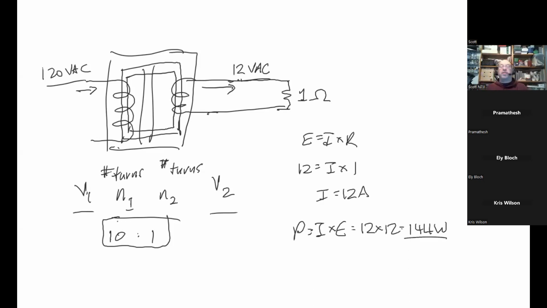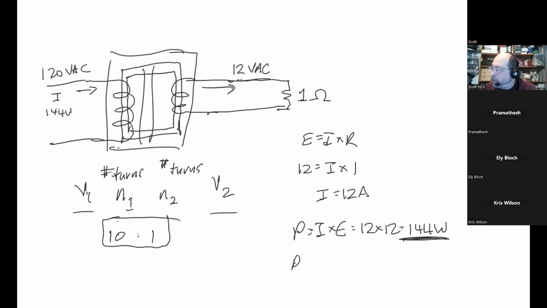Because energy is neither created nor destroyed, transformers are assumed to be pretty close to 100% efficient. So I could figure out what my current is on this side using the power equation, knowing that I have 144 watts going in, going out. So I have to have 144 watts going in.